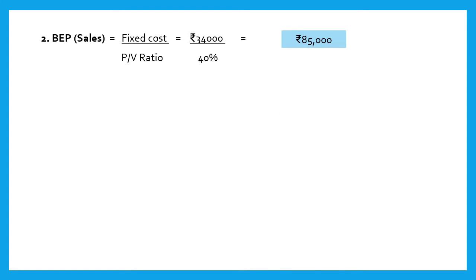After calculating PV ratio, the next calculation is BEP sales. The formula is fixed cost upon PV ratio. In our example, we have fixed cost of rupees 34,000 and the just calculated PV ratio of 40%. In this way, we get BEP sales equal to rupees 85,000.